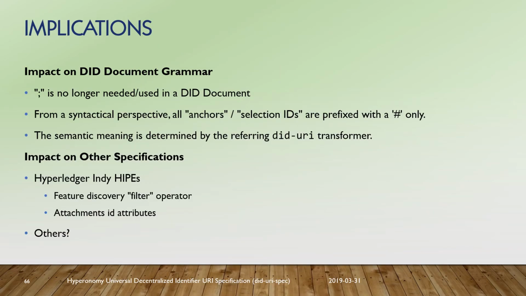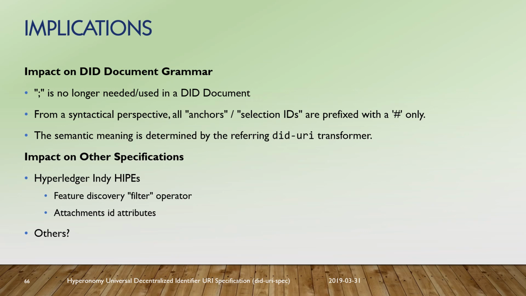Some of the implications, so the impact on the document grammar is that semicolon is no longer needed anywhere. From a syntactical perspective, all anchors or selection IDs, whatever you want to call them, can be prefixed by #. We don't need to have different symbols for different kinds of fragments or different kinds of processing, and the semantic meaning is determined by the referring did URL transformer.